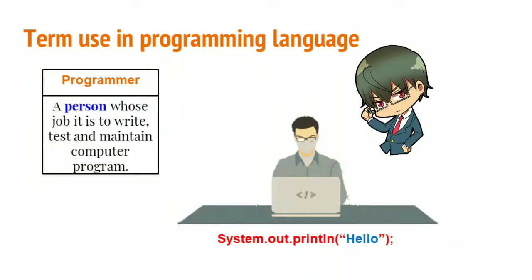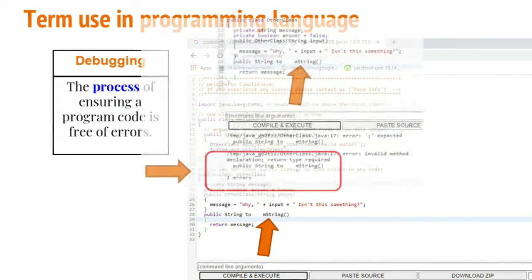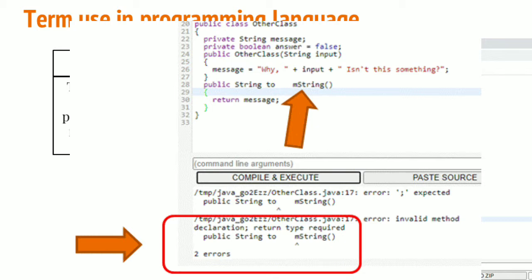There are several terms you must remember to understand more about this topic. Number one, programmer. A programmer is a person who writes instructions to create a computer program. Number two, debugging. Debugging is the process to make sure a computer program is free of errors.